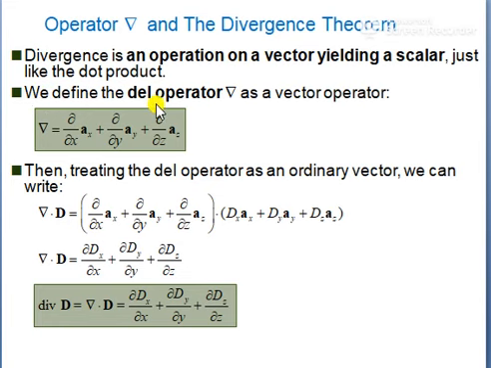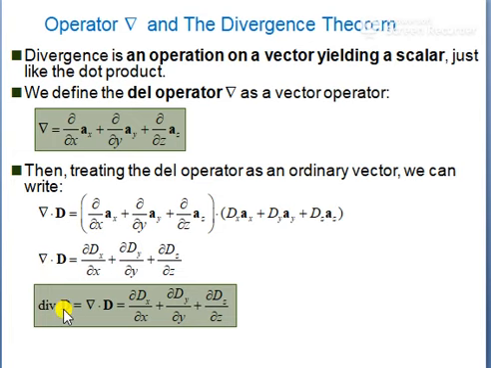We define del operator as a vector operator. So del is equal to ∂/∂x ax plus ∂/∂y ay plus ∂/∂z az. Then treating del operator as an ordinary vector, we can write del dot D. This is del and this is vector D. If we have del dot D, then it becomes a divergence.